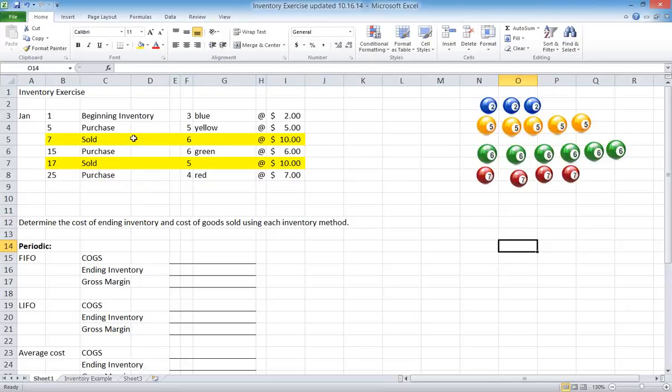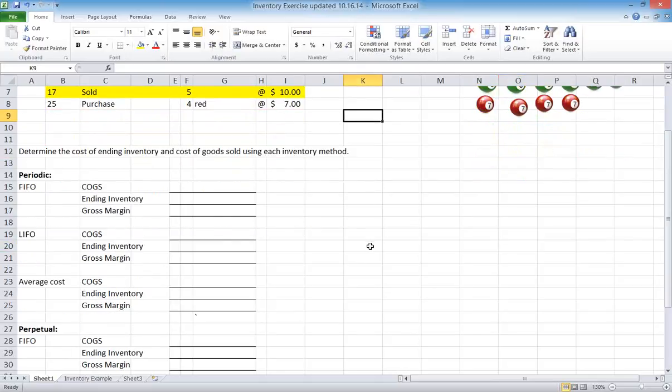On January 7th, I sold 6 items at a $10 selling price per unit. On the 15th, I purchased 6 green units at $6 a piece. On the 17th, we sold 5 units at $10 a piece retail price. And on the 25th, we purchased 4 red.